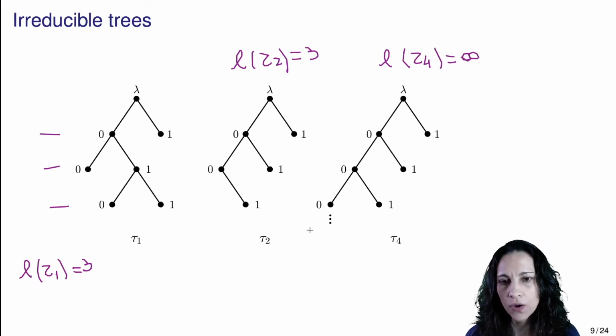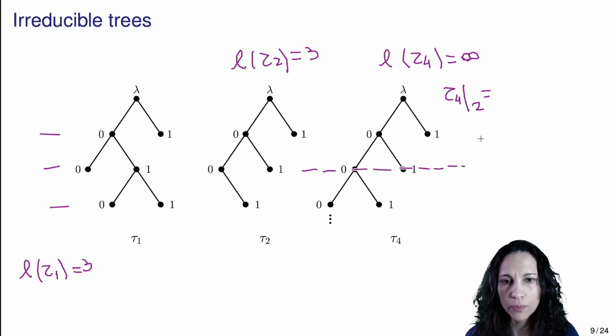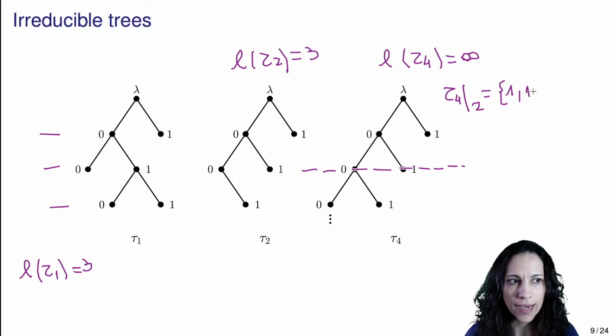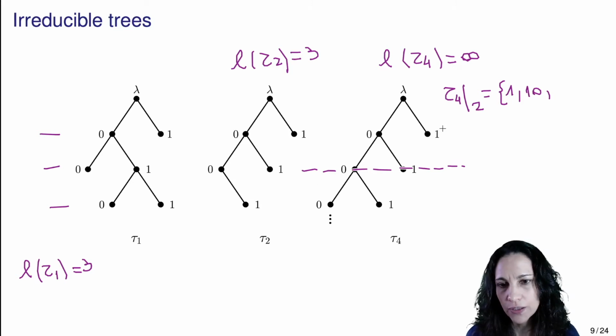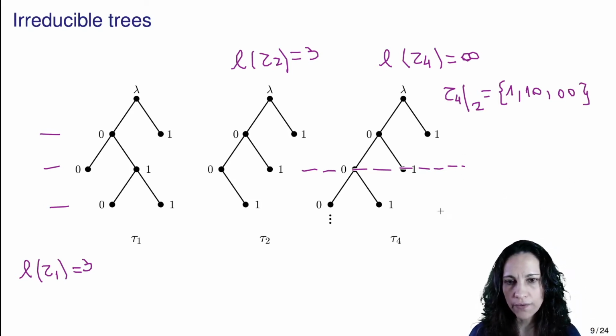Okay, and what is, for example, tau 4 truncated to level 2? So level 2 is here. If we want to truncate the tree tau 4 to level 2, we put all the sequences with length smaller or equal to 2, that here we have 1 and 1, 0, and then we put the other sequences truncated at level 2. So the only one is 0, 0 here. So this is the tree tau 4 truncated to level 2.